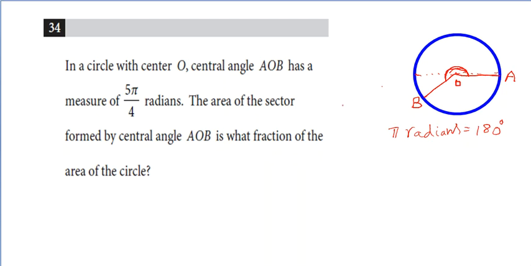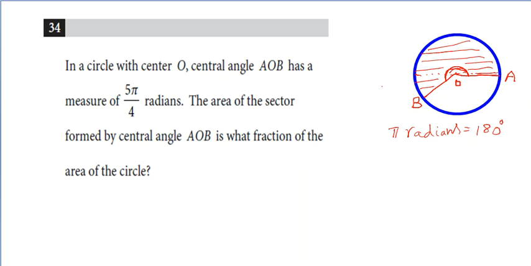The area of the sector formed by the central angle AOB. So area meaning we are interested in this whole area. So what fraction of the area of the circle does this form? If you see the ratio with which the angle itself splits, what's the total angle of the circle?